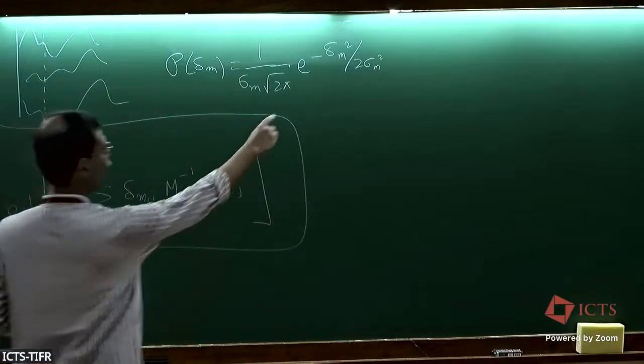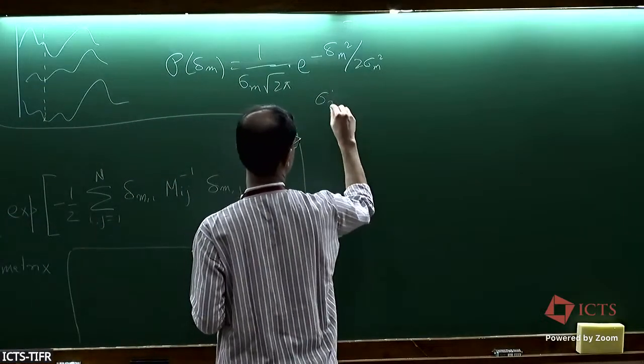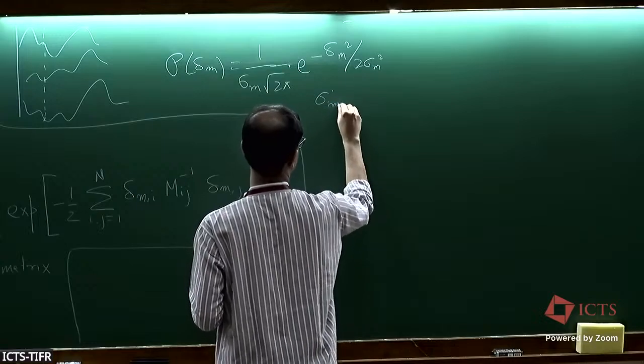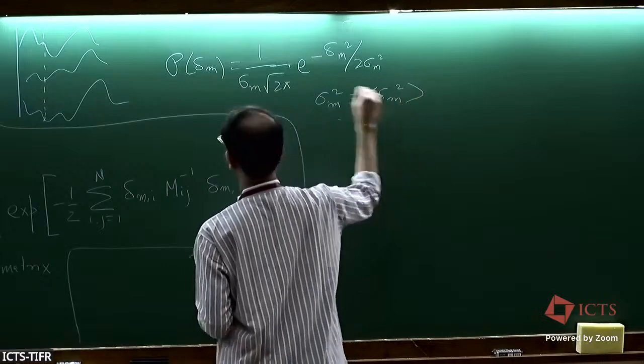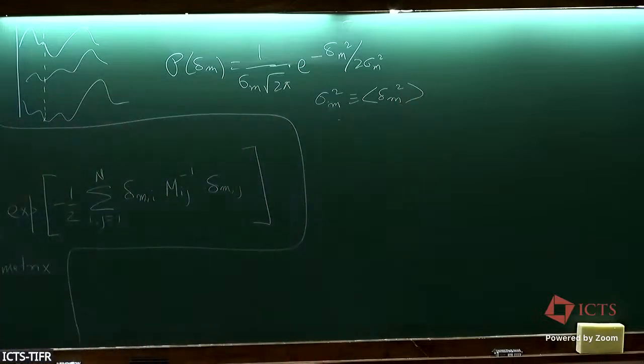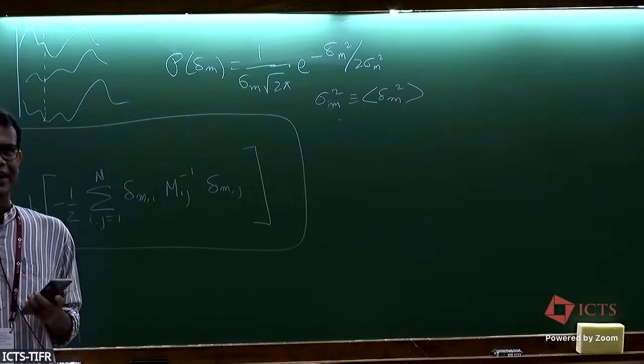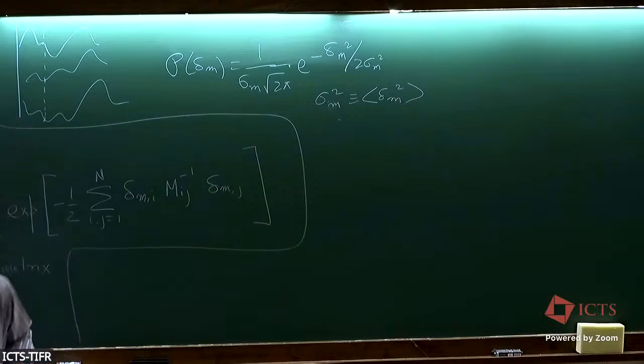Sigma m square is nothing but the average of delta m square. So you will just calculate the variance and that's it. So this is for one point. And similarly for 2 points, you will have delta m1 square, delta m2 square, and then there will be a cross term, which will be given by the correlation function between these 2 points.